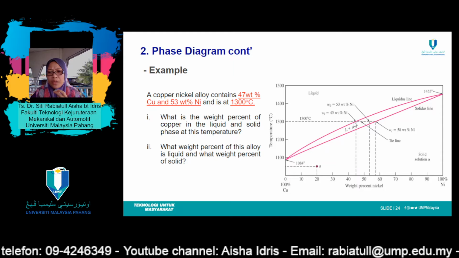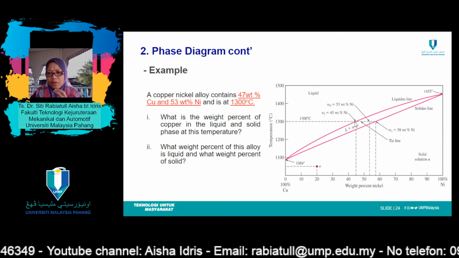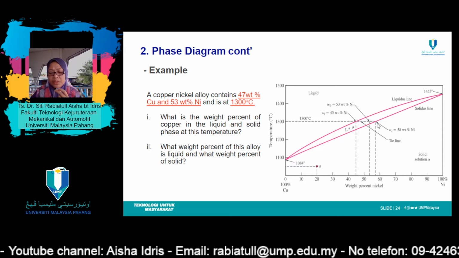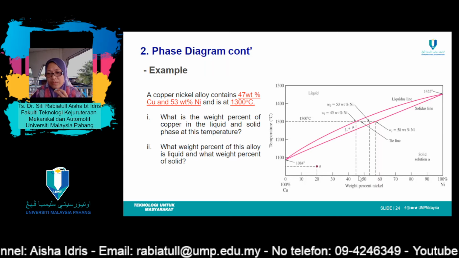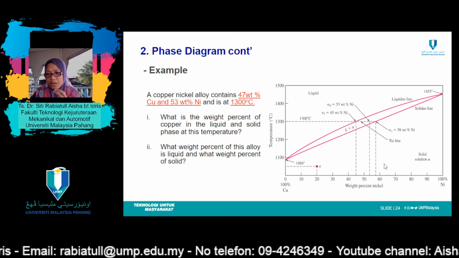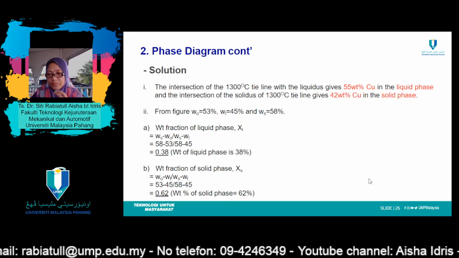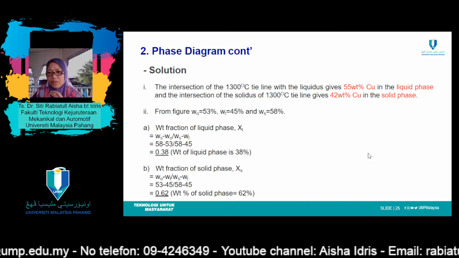From there you should be able to get the percentage of copper for the liquid and for the solid, which is 55 and 42. This one 55 and this one 42.